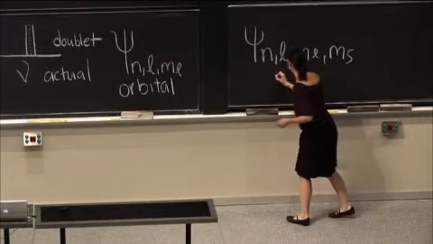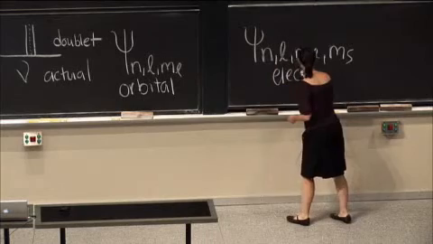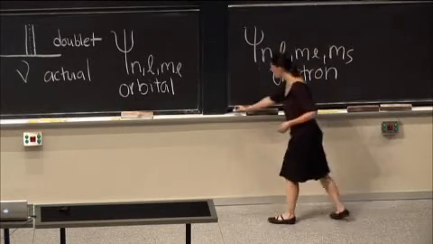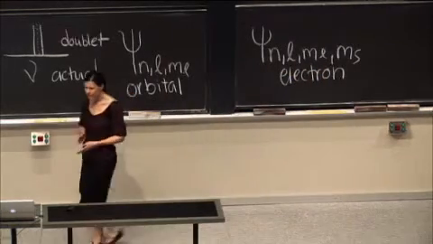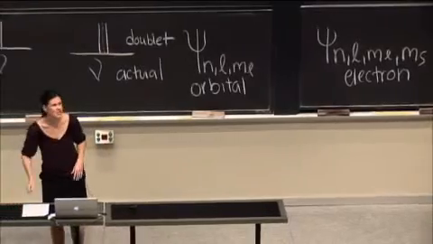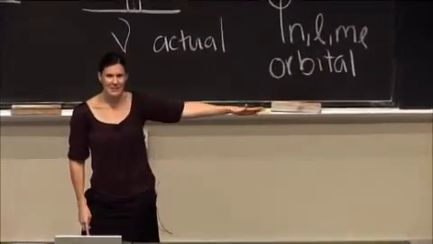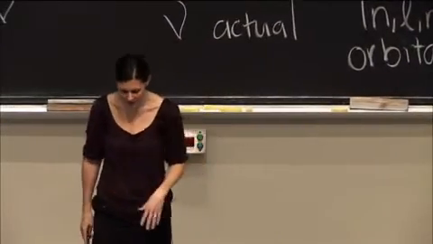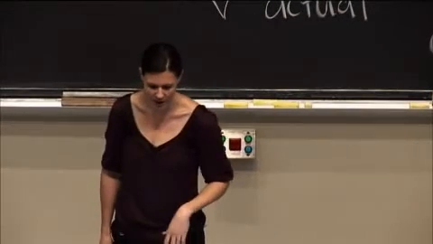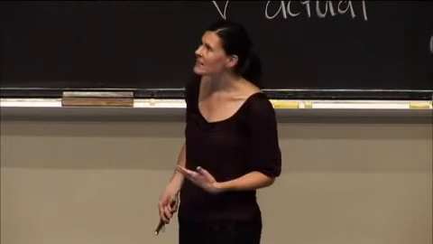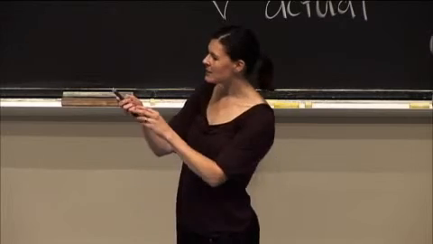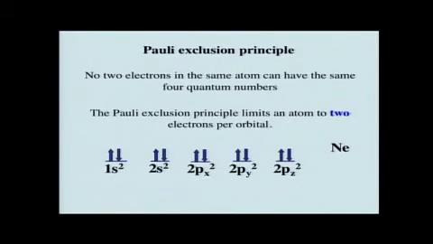An electron. So now we have the complete description of an electron within an orbital. So that's an important distinction to make: what 3 quantum numbers tell us versus what the 4th quantum number can fill in for us in terms of information. So what that means is that we're limited in any atom to having 2 electrons per orbital, right?